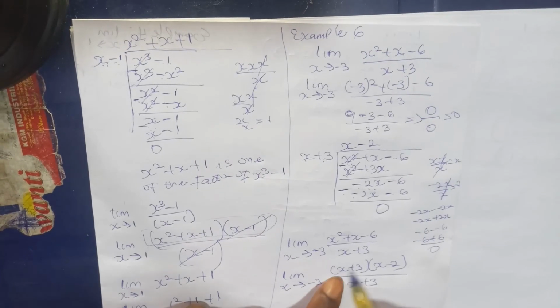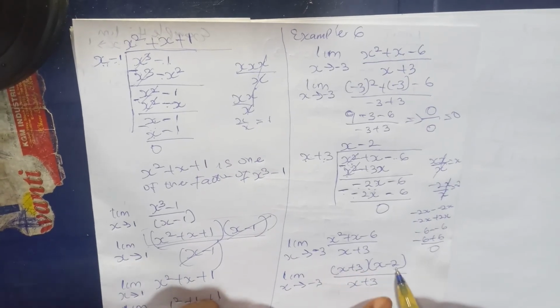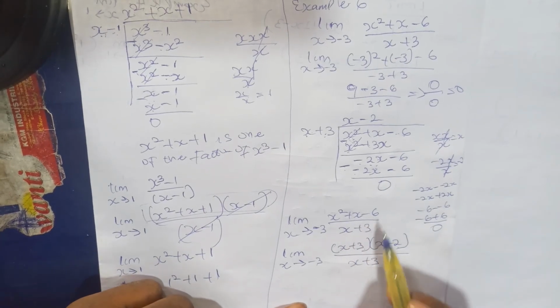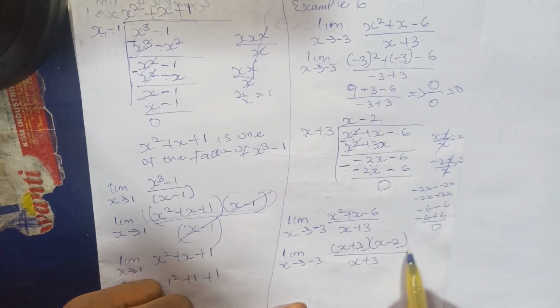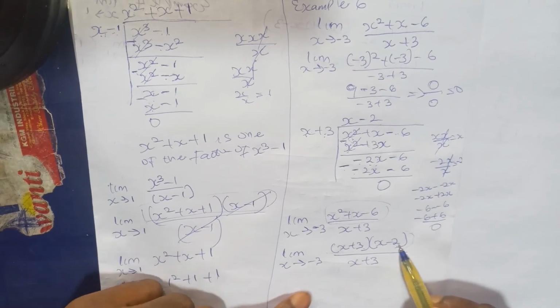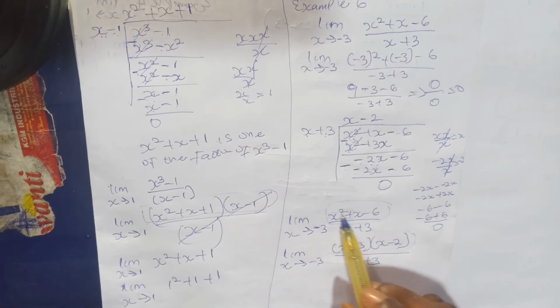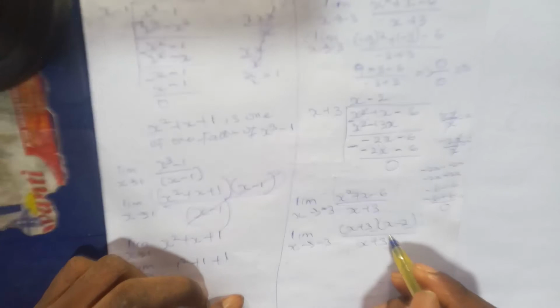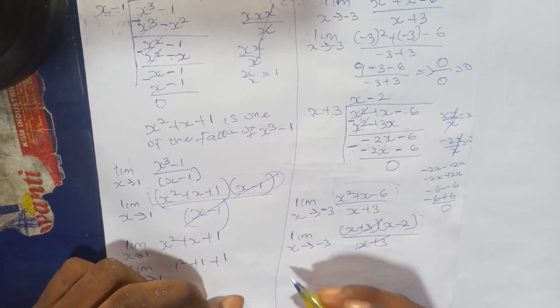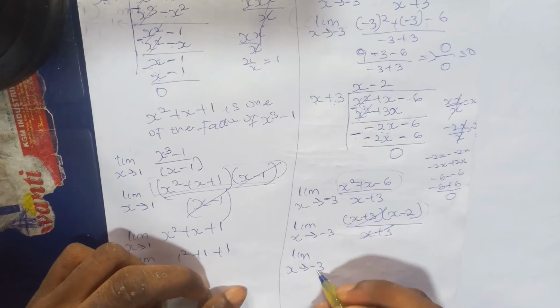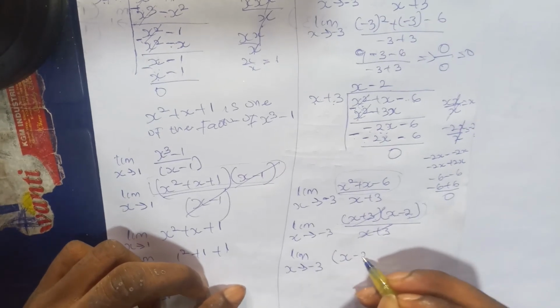If you expand x plus 3 times x minus 2, you will definitely have x squared plus x minus 6. So x plus 3 times x minus 2 is the factorization of x squared plus x minus 6. Now cancel out, which will leave us with lim x approaches minus 3, x minus 2.